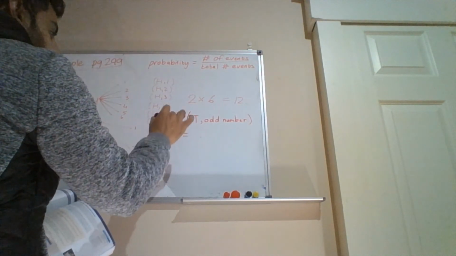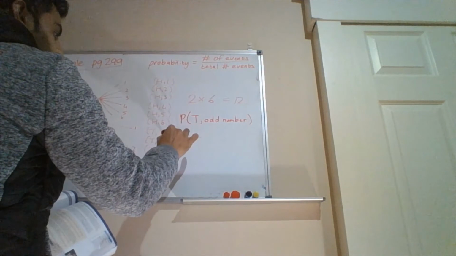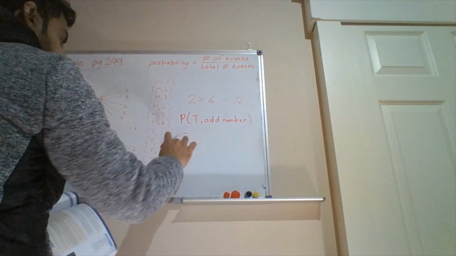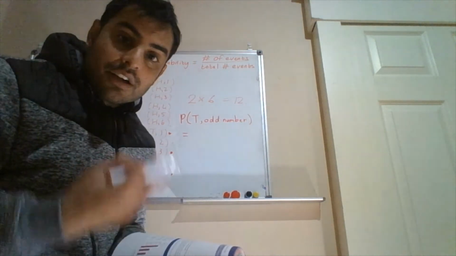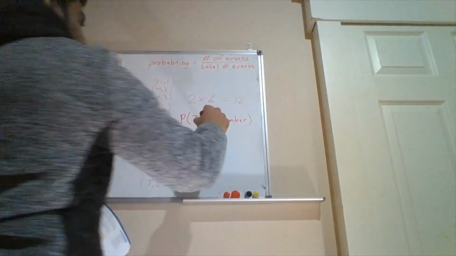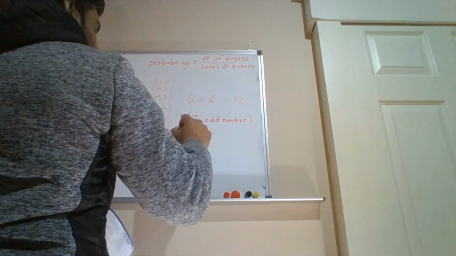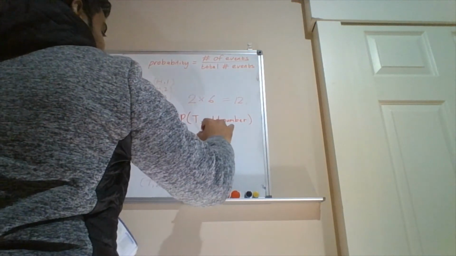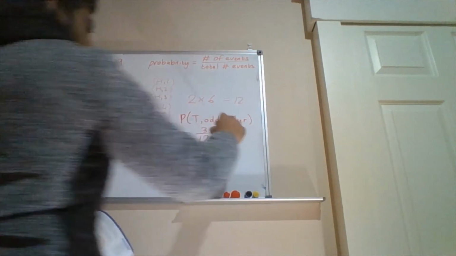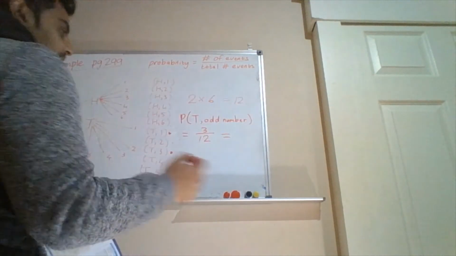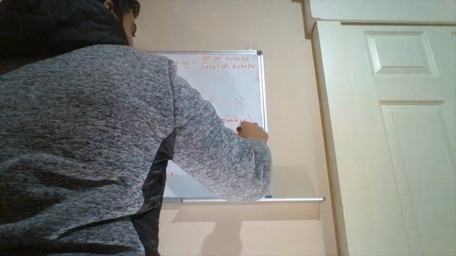So a tail and a 1, a tail and a 3, and a tail and a 5. So there are 3 events that we are interested in, and the total number of possibilities is 12. So the probability of getting a tail and an odd number is 3 out of 12, and this just simplifies to a quarter.